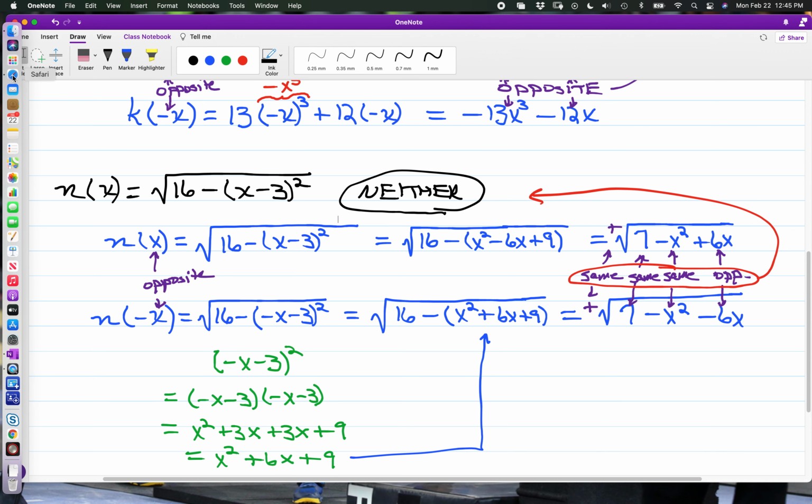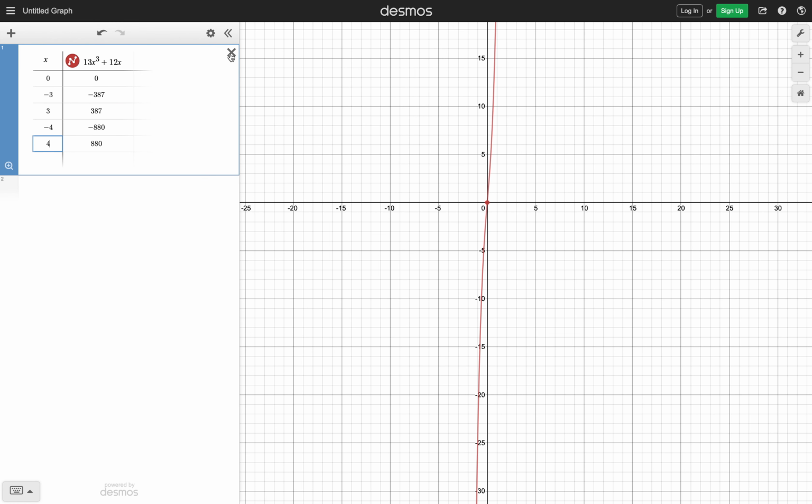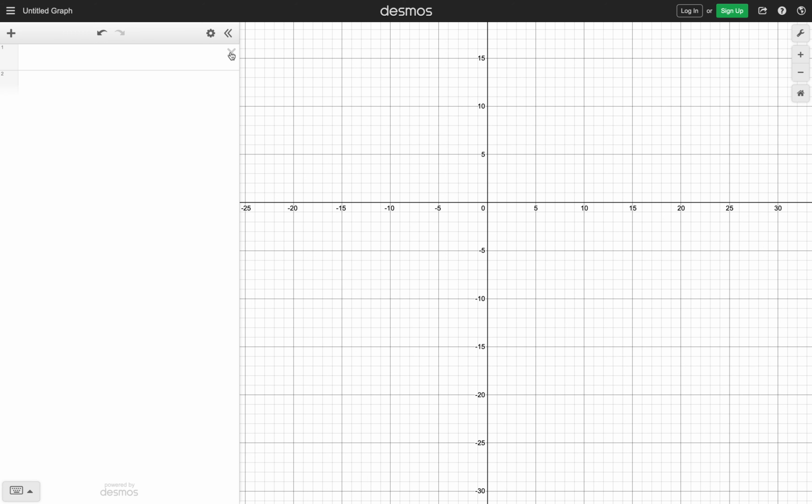And just kind of taking what we have, with n of x or y, we have y equal to the square root of 16 minus the square of x minus 3.